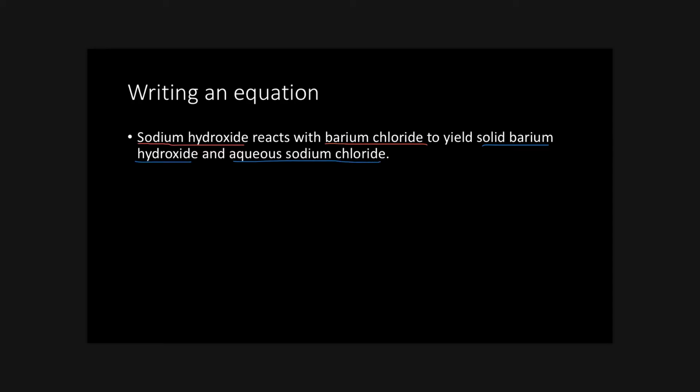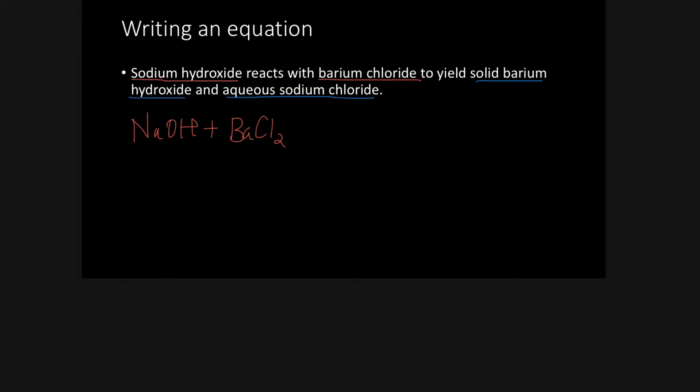Now that you have identified your reactants and products, it is time to figure out the correct formulas. So let's do sodium hydroxide first. This is the reactant side of the problem, which is NaOH plus BaCl2. And now you will have your arrow. That's your yield sign, basically. And what does it give you?